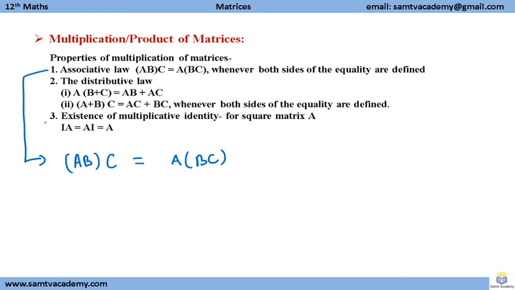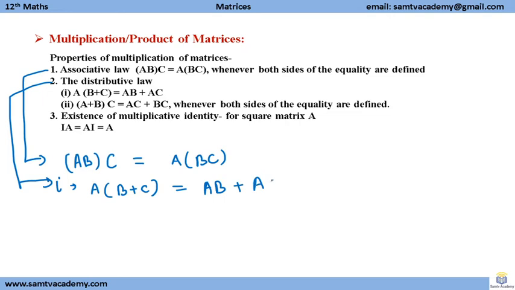What is the second property? The second is the distributive law. In the first distributive property, it says that if A is multiplied by the sum of B and C, that will be equal to the product of AB and then taking its sum with AC.